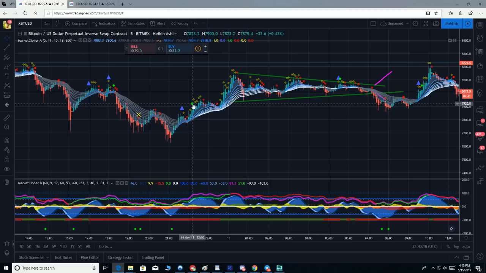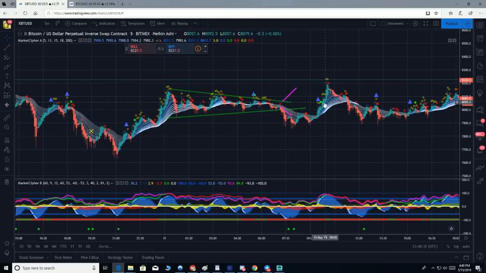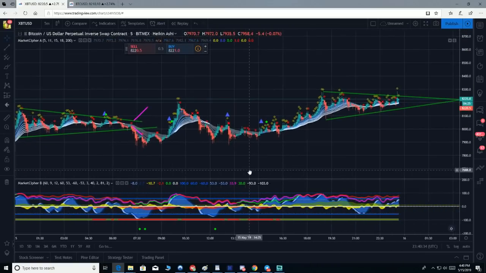Sometimes we don't. These green dots represent where our bots would enter given off of the Market Cipher data. Entering long. These green dots often mean that there is a run-up coming.